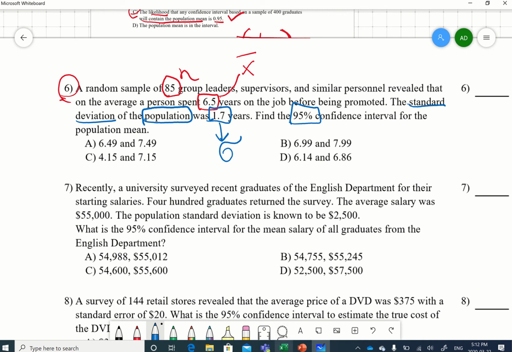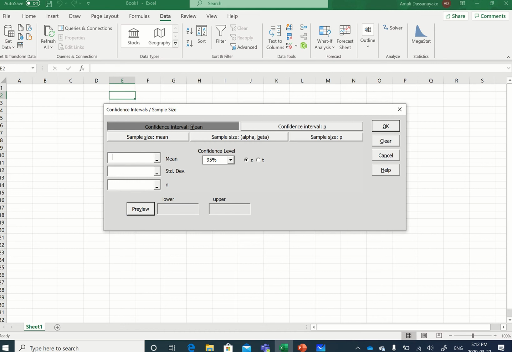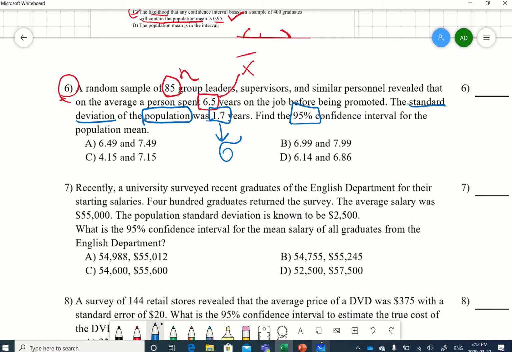So when you go to Excel, confidence intervals, so mean, right? We need the sample mean. Let me go back and quickly read them again. 6.5, 1.7, 85.